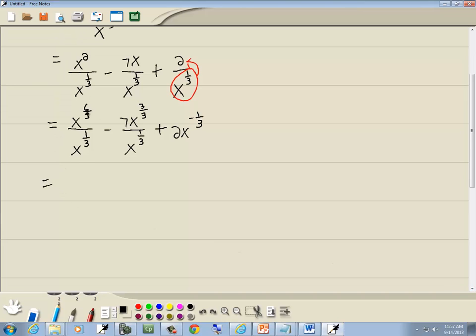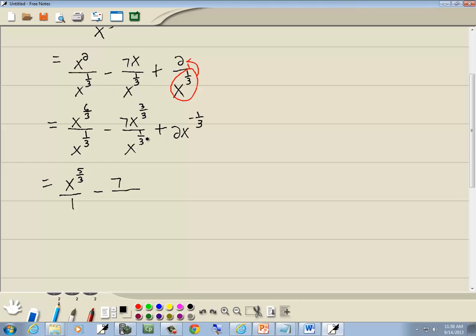Well, if you have x to a power over x to a power, you subtract the smaller exponent from the larger one. So 6/3 minus 1/3 gives us 5/3, and we're going to have x to the 5/3 where our larger exponent was, up on top, over 1, minus x to a power over x to a power. You subtract the smaller exponent from the larger one. 3 over 3 minus 1 over 3 is 2 over 3.